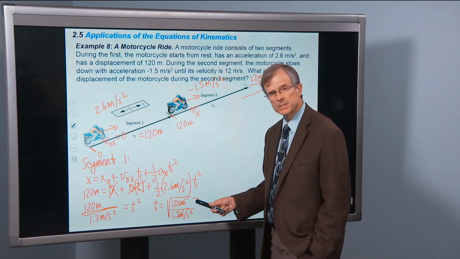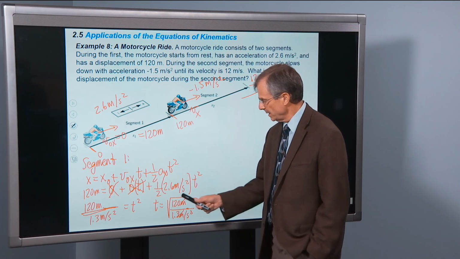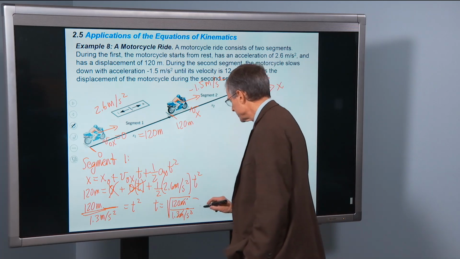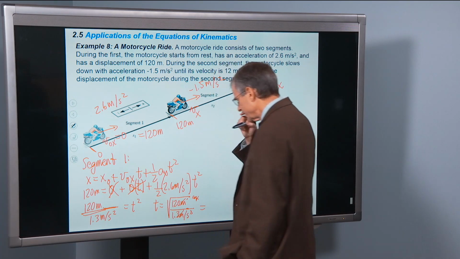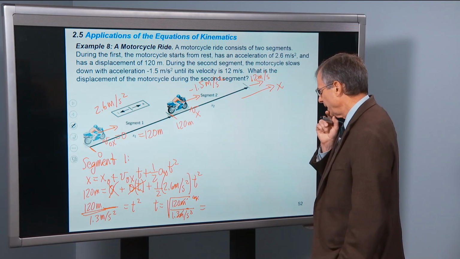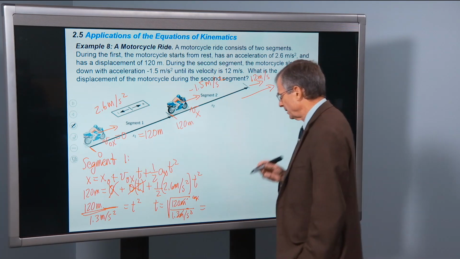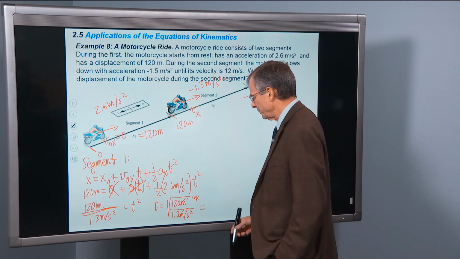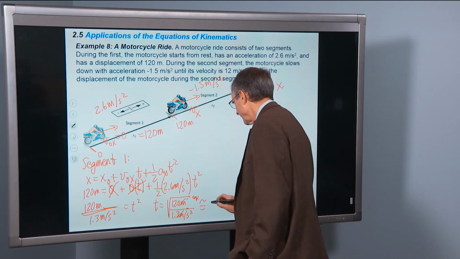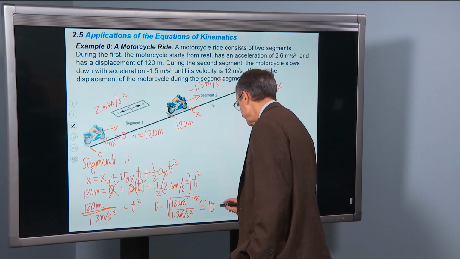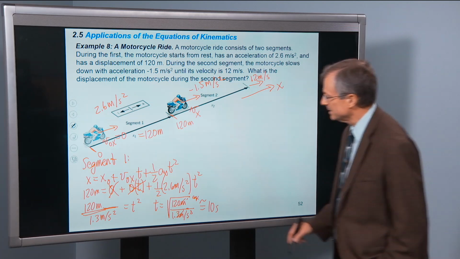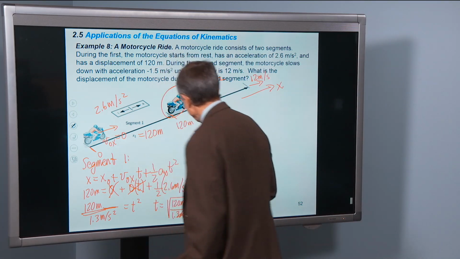That's the same as having the second squared up in the numerator, and we take the square root of second squared, and that's just seconds. And this gives some number of seconds. What's it going to be? 120 divided by 1.3 is going to be about 100. If this were 1.2, it would be exactly 100, and the square root of 100 would be about 10. Plug that into your calculator just to see. So we say that it takes 10 seconds for him to get to this point here.